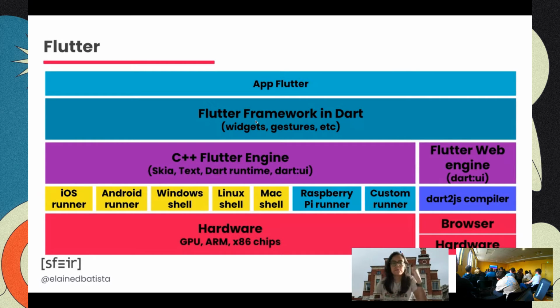You can write specific code, but in theory, you could write 100% of your app in a project that is shared between all of your targets. And what's really different for me, and what really made me love Flutter, is that the compiled app is optimized for the hardware.